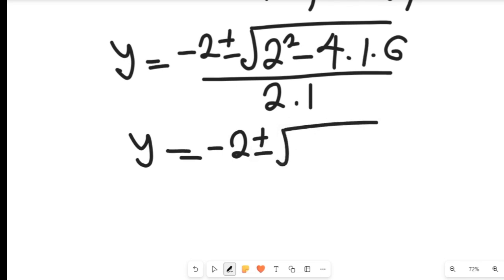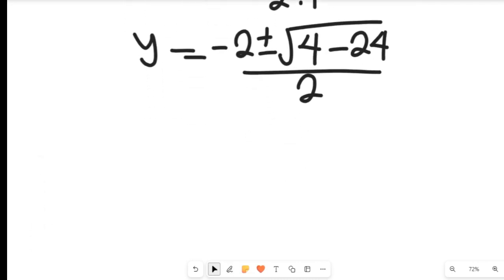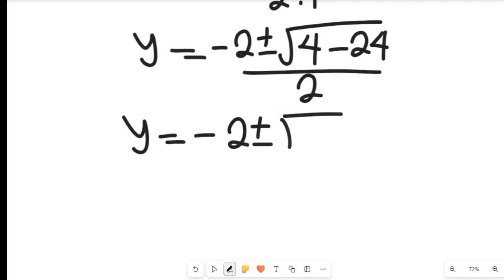To simplify this, we'll have our y equal to negative 2 plus or minus the square root of 4 minus 4 times 6, which is going to give us 24, right? And this would be divided by 2. So the value of y will be equal to negative 2 plus or minus the square root of negative 20, divided by 2.